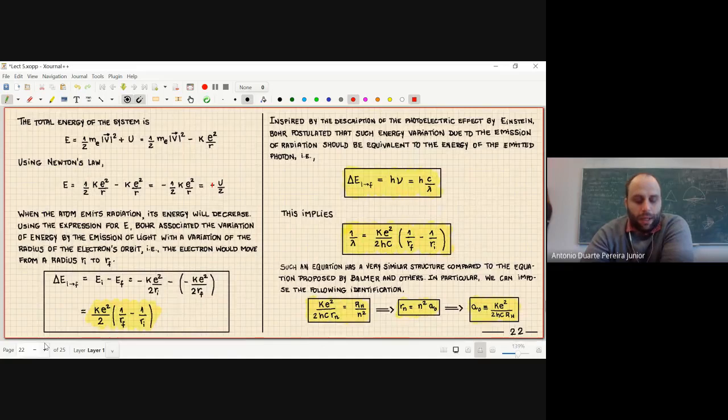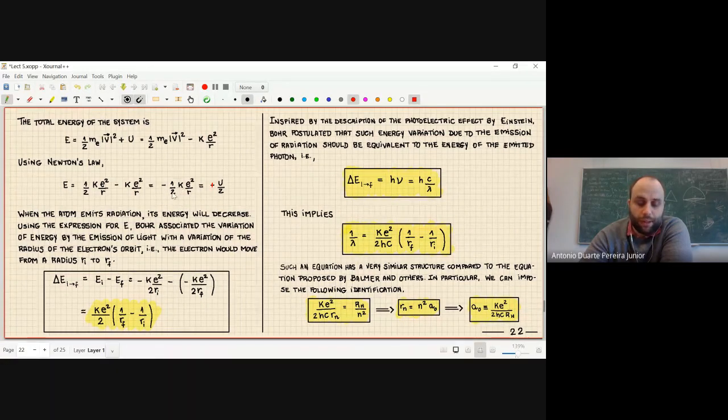So if I want to compute the variation of the total energy of the system when the electron moves from an initial radius to a final radius, I can compute the energy that the electron gave away. So this will be the initial value of the energy minus the final value of the energy. We know the energy is given by this expression here.